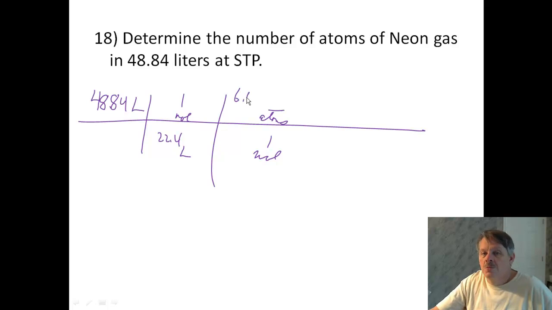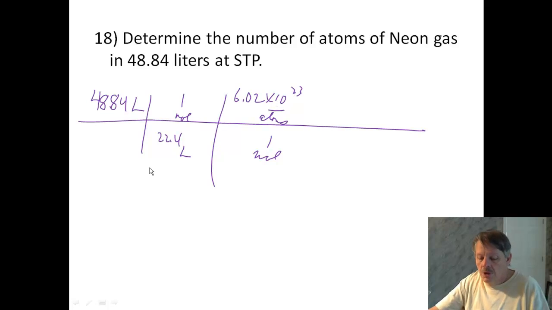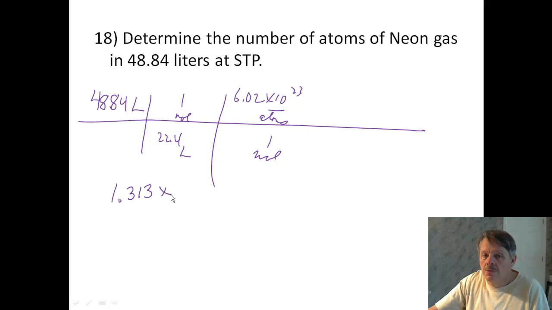And our atoms are 6.02 times 10 to the 23rd. So when I do all of my math, I come up with 1.313 times 10 to the 24th. All right, and what is that? Those are actually atoms of neon.